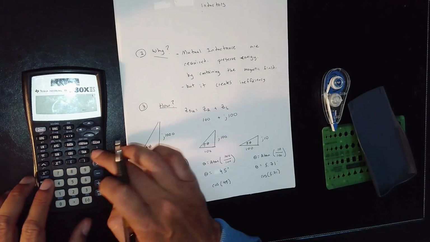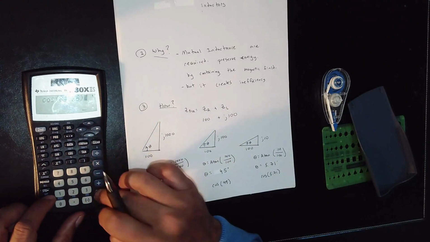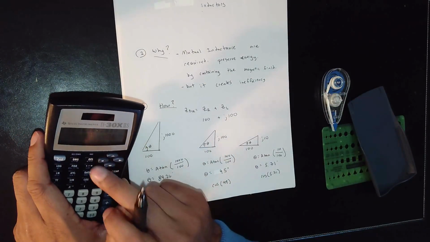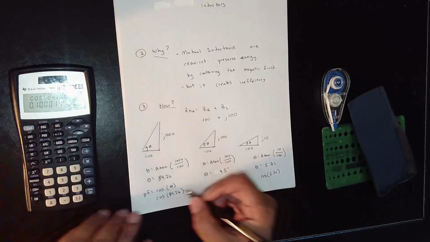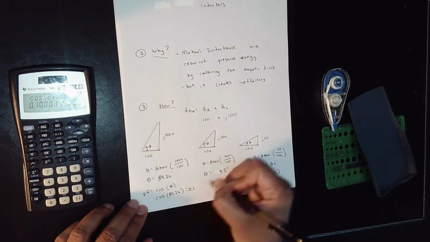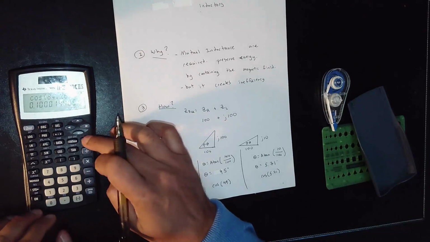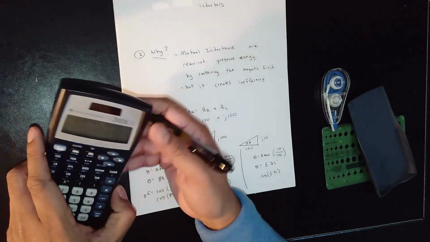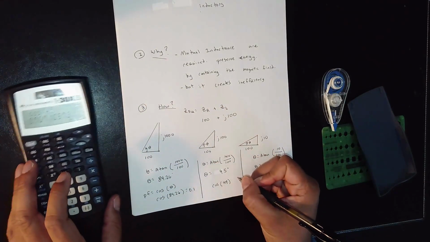So you take the cosine of 84.26, and your answer is about 0.1. The cosine of 45 is 0.7, as you can see on our calculator.